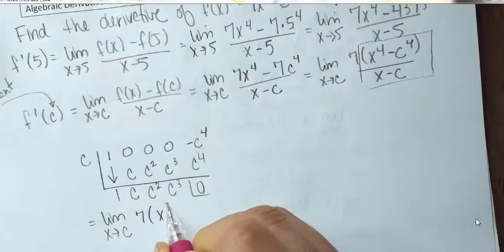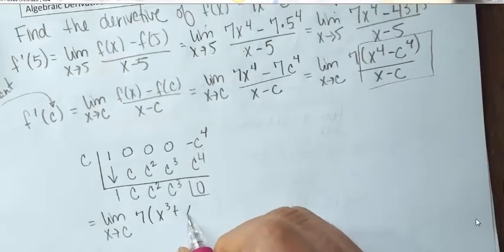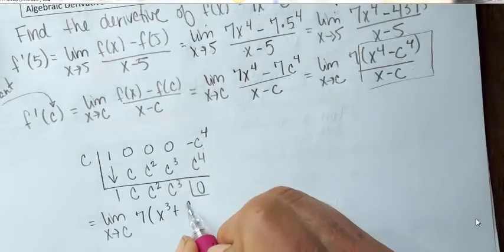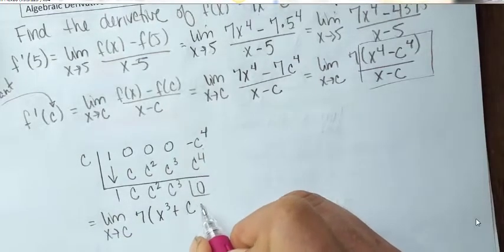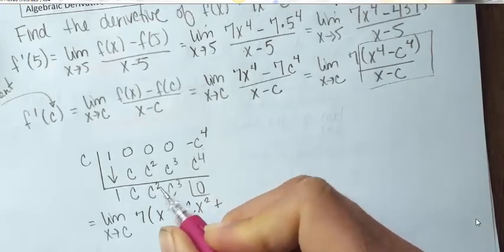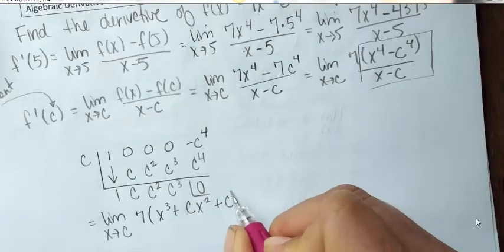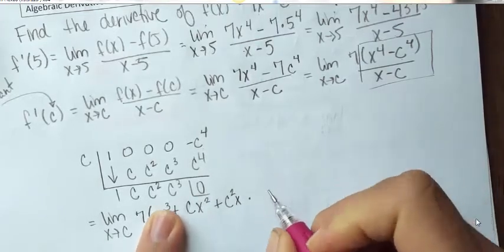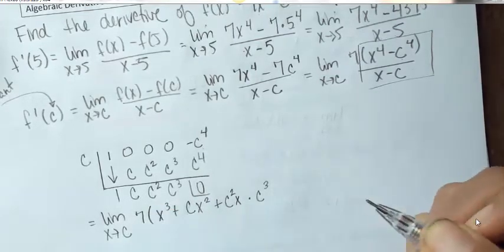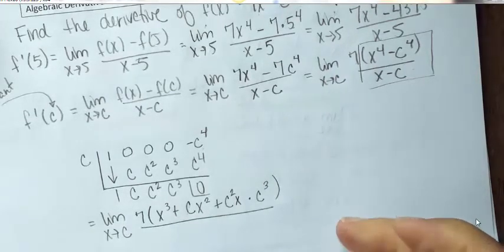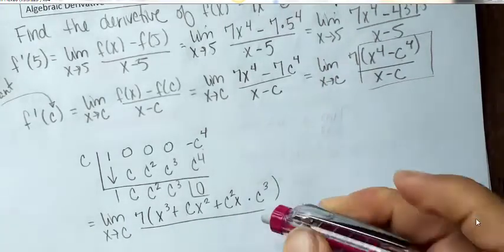So I'm going to have x cubed plus c, my coefficient in this case, times x squared plus c squared times x, and then plus c cubed, which is just my constant, all over nothing because we already divided out the x minus c.